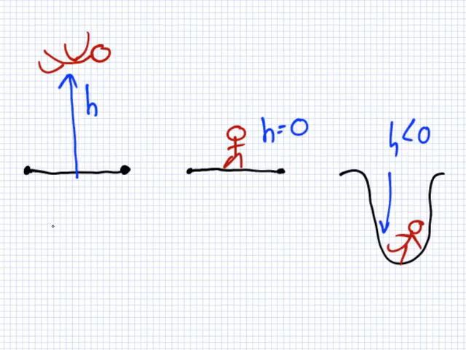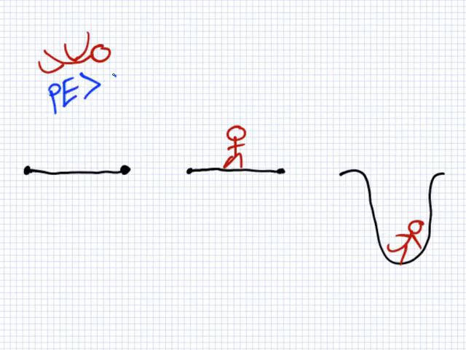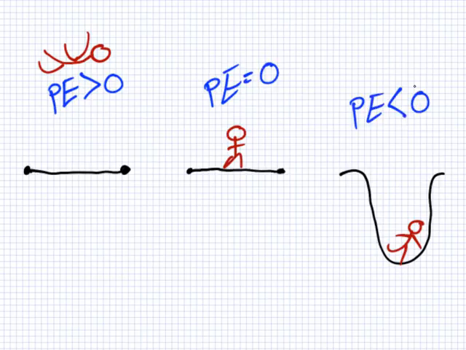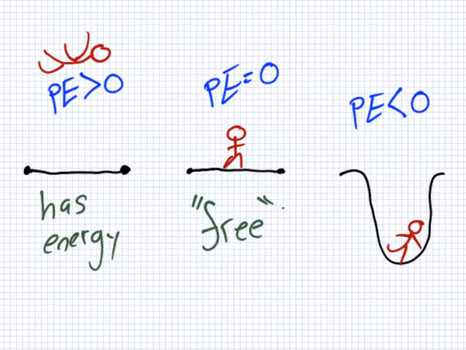Here potential energy is positive, here potential energy is 0, and here potential energy is negative. Now, the point I'm making is this: if the potential energy is positive, then it has energy. It can do work. If the potential energy is zero, no work. We call this free. It means it can't do work.